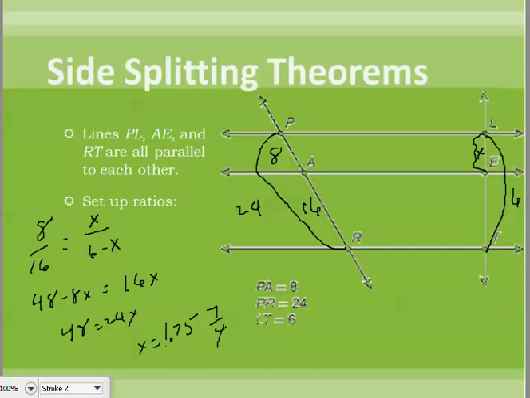We got the same answer. I just wanted to show you. It didn't matter if I was using the entire length there or just this part of a length here. It worked out to be the exact same answer in both situations. That's what the side splitting theorem allows us to do. Okay? And it's all because these sides are parallel to each other.